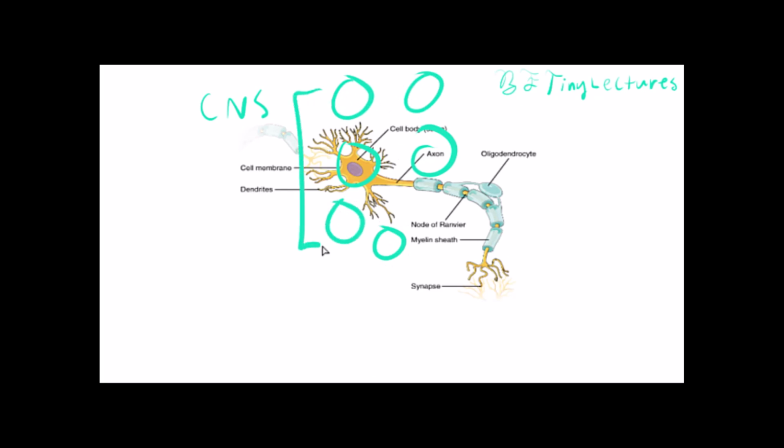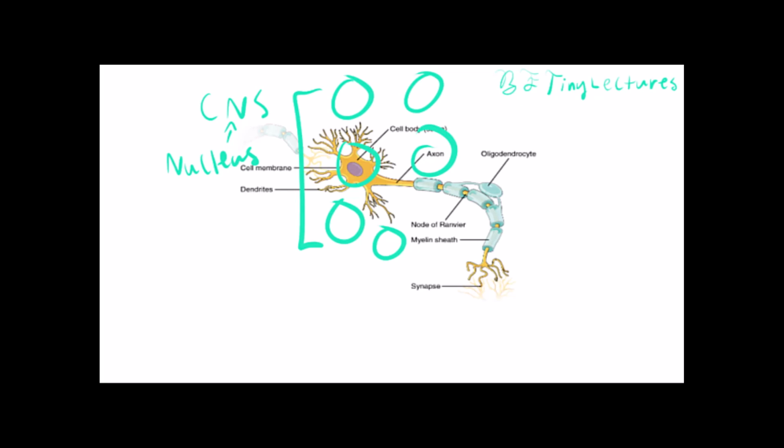This collection is called a nucleus. It's called a nucleus when you're calling it in the central nervous system. So if you look at the brain and you see a collection of neurons, that collection of neurons is called a nucleus, since it is found within the central nervous system.